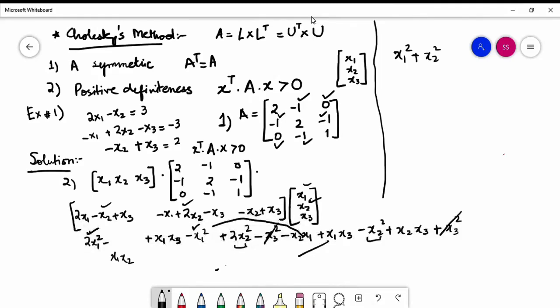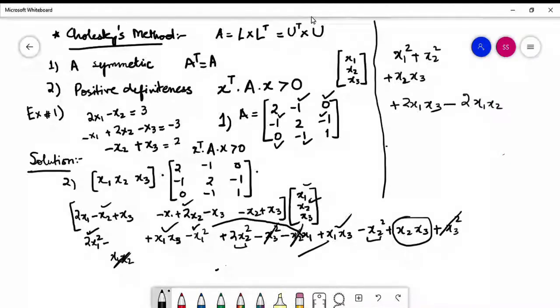It cannot be solved further, so plus x2 x3, x1 x3 and x1 x3, so that makes it plus 2 x1 x3, and we are left with x1 x2, and this one is minus 2 x1 x2.